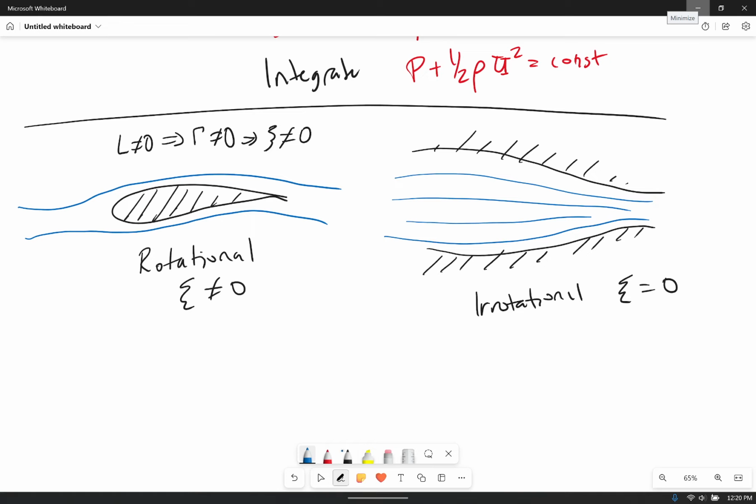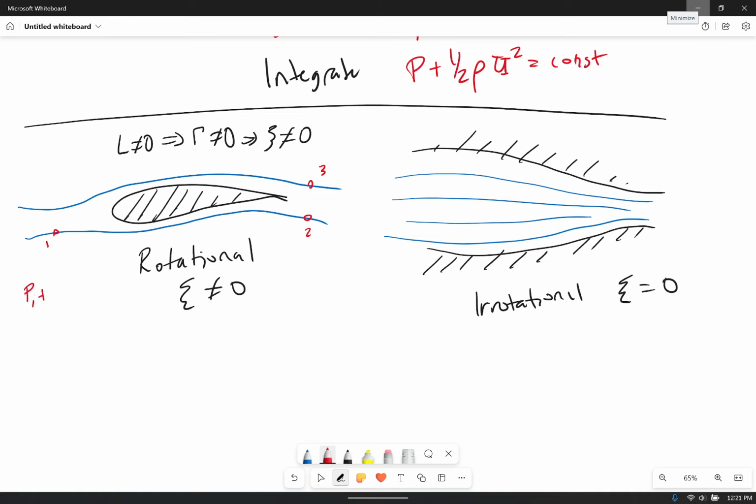Now in the rotational case, I might have 3 points right here. Let's make those in red. So point 1, 2, and 3. Two of those points are on the same streamline. One is on a different streamline. And what we're going to find is that Bernoulli's works for a streamline.